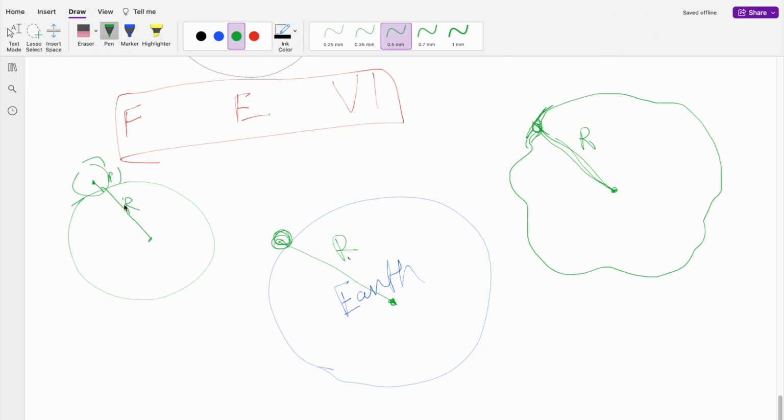There are two different scenarios: one, an object is on the surface, and two, an object is covered by the earth, where the earth's radius covers the object's radius.